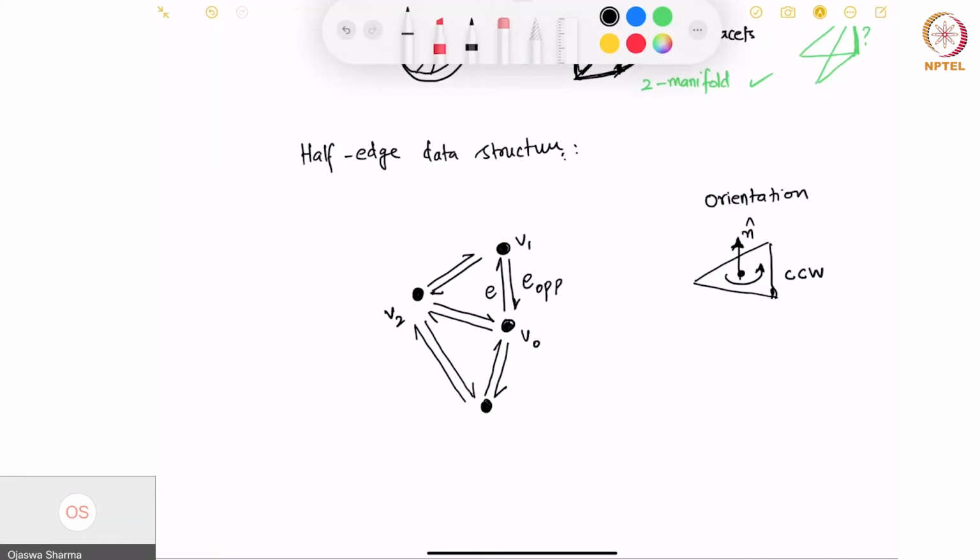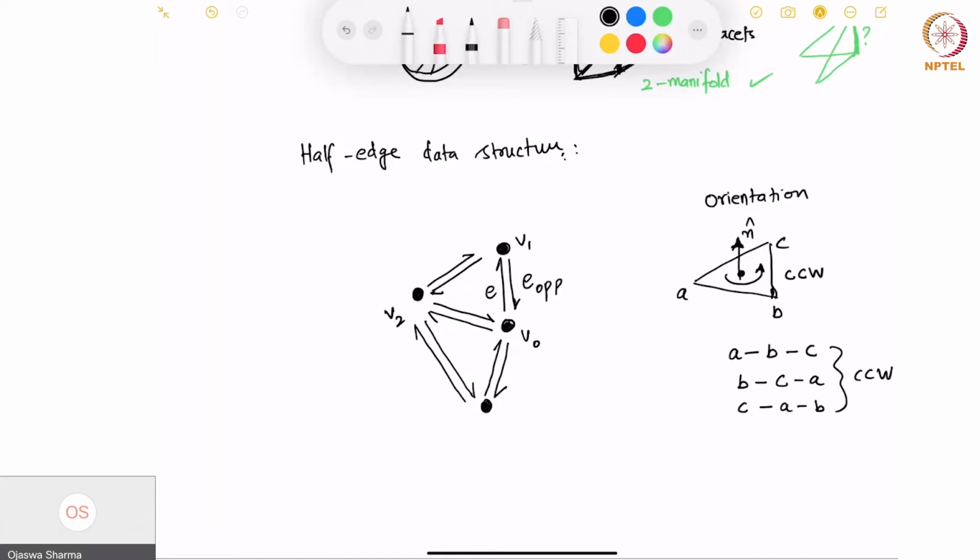If this has vertices A, B, C, then if I specify the vertices of this triangle, I would say A connected to B connected to C. Actually, any cyclic permutation of this is a valid counterclockwise orientation. So I could also say B connected to C connected to A, or C connected to A connected to B. These are all counterclockwise. How can I make it clockwise?